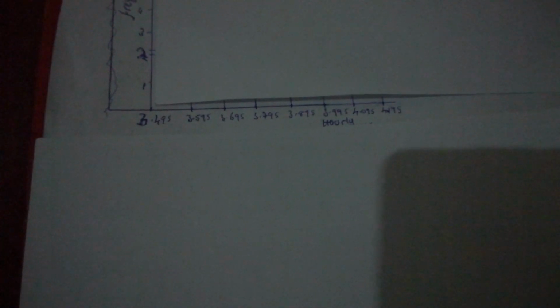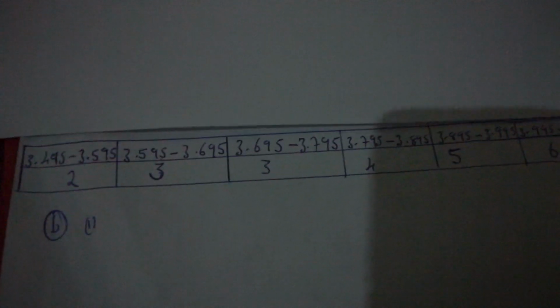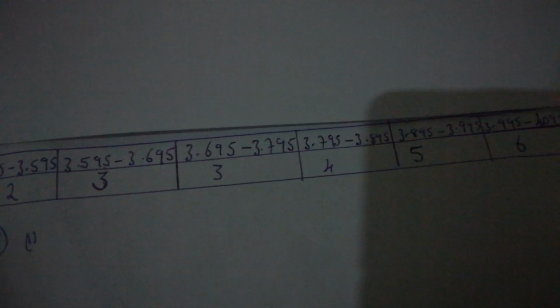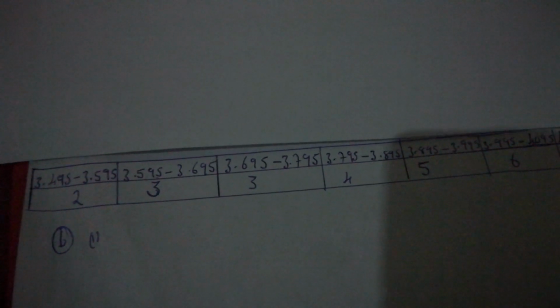Once you indicate your hourly wage on the x-axis and your frequency on the y-axis, you construct with regards to what you have in your table. Remember the table, let's go back to the table. We had something like this. You know that your first bar will be equivalent to this frequency, which is on the y-axis. You do the same for all these, and when you do it, you should have something like this.